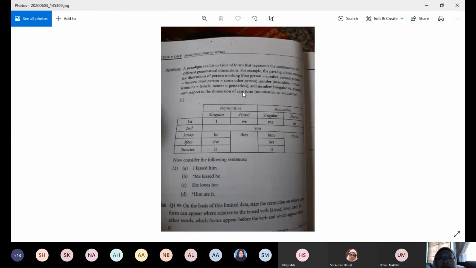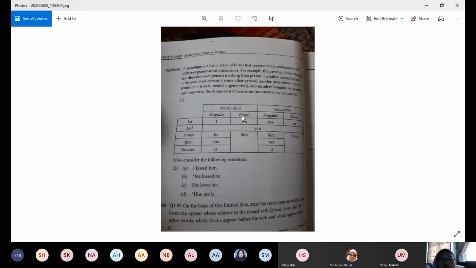For example, this paradigm can show us the dimension of person: first person, second person, third person. It can show us gender: he is masculine, she is feminine, it is neuter. And it can give us number, which means singular or plural.